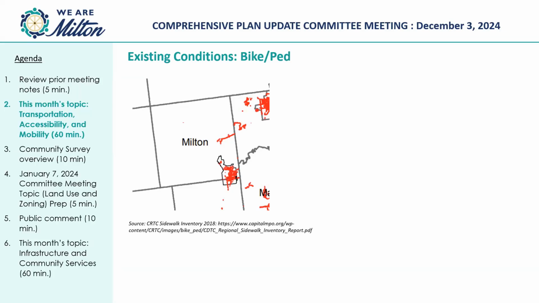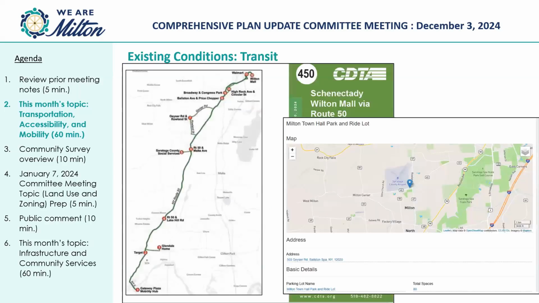So there's a variety of other types of bike facilities and treatments that you might apply depending on the level of traffic, the facility, and cost considerations, that type of stuff. But the town really doesn't have them at this point.